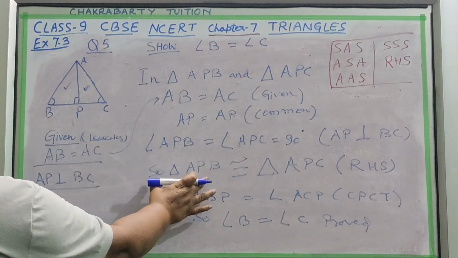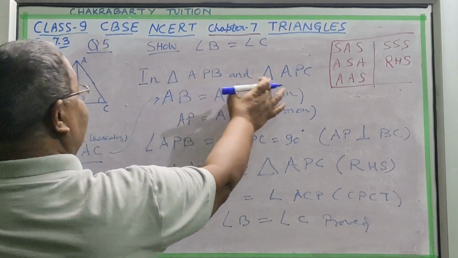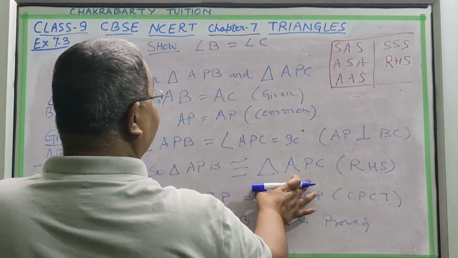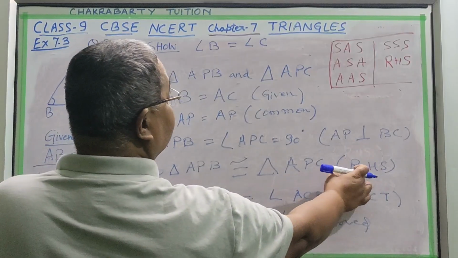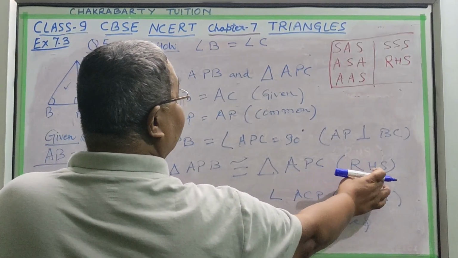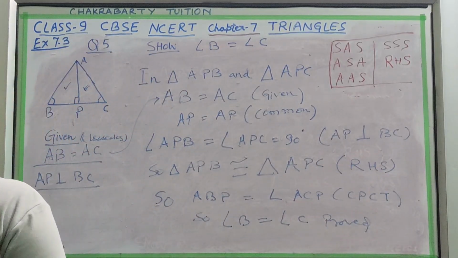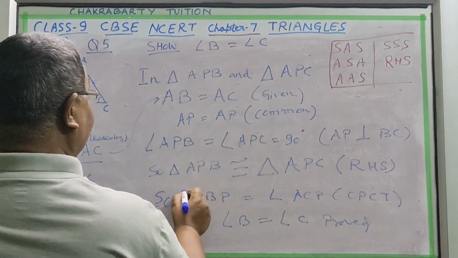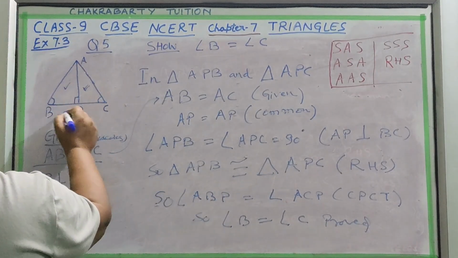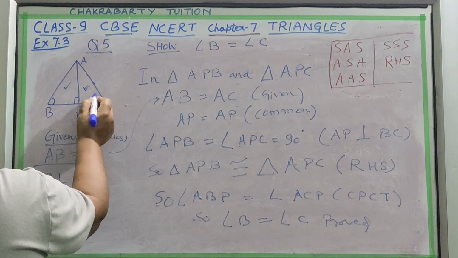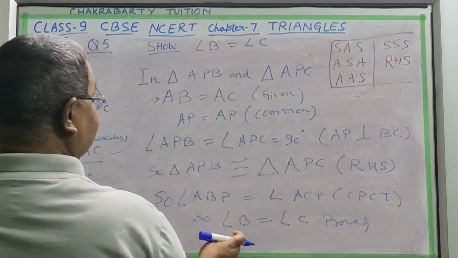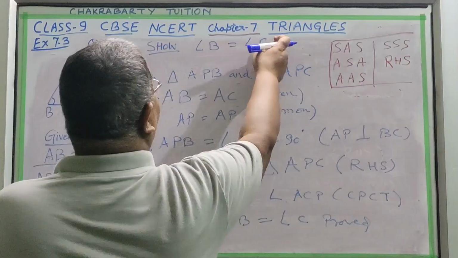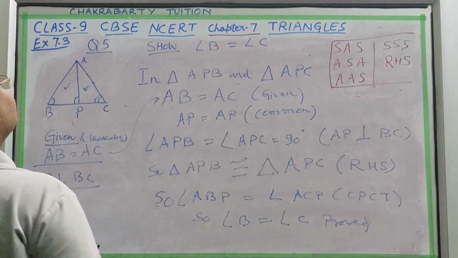So the two triangles are congruent by the RHS criterion: right angle, hypotenuse and side. When these two triangles are congruent, angle ABP will be equal to angle ACP. It means angle B is equal to angle C, which is what they asked us to prove. So it is proved.